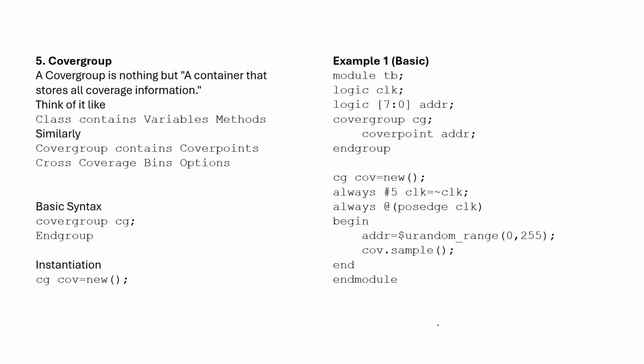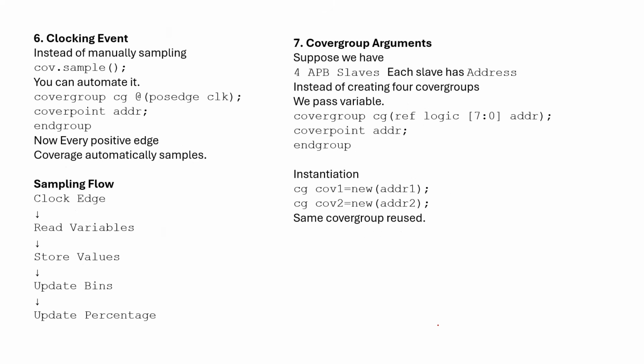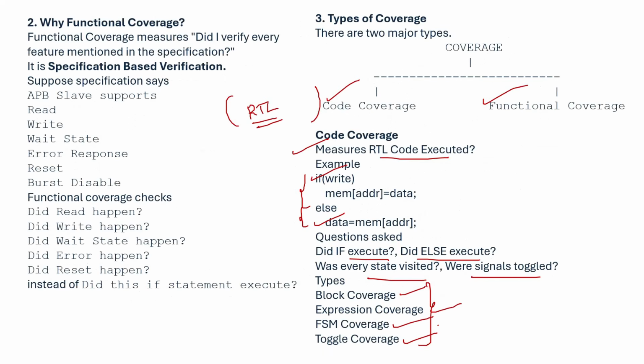Suppose I take an if condition: if enable is there and we write some data equal to 20, and in the else condition we write data equal to data plus 1. Whether these two statements are covered or not, block coverage tells you.